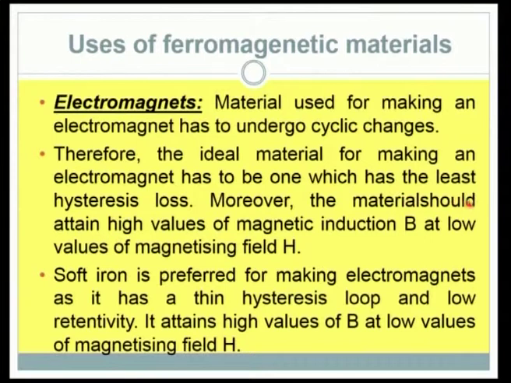Moreover, the material should attain high values of magnetic induction B at low values of magnetizing field. Soft iron is preferred for making electromagnets as it has a thin hysteresis loop and low retentivity. It attains high values of B at low values of magnetizing field H.